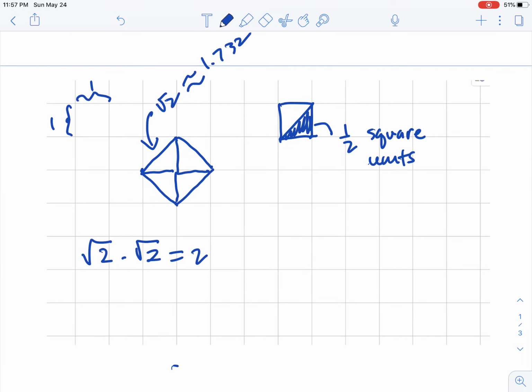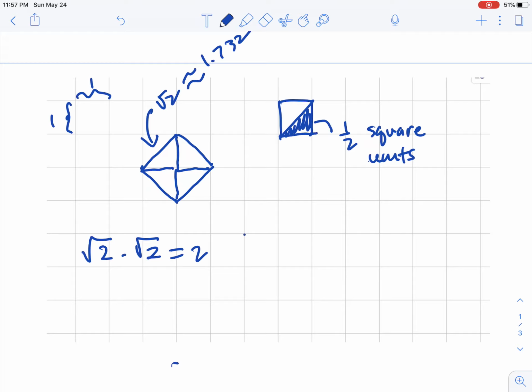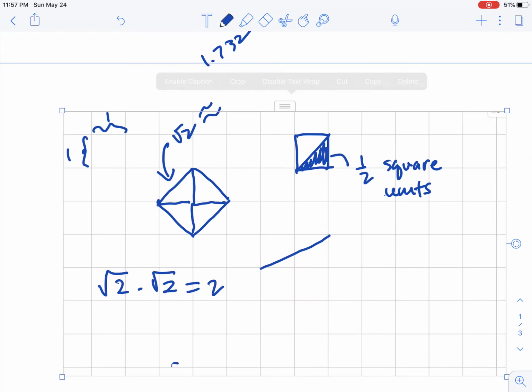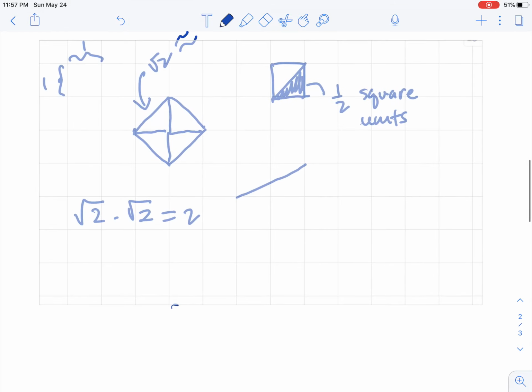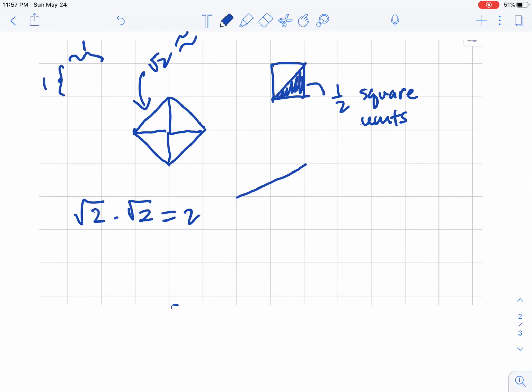Now, paano natin i-represent yung square root of 5? No? Yung square root of 5 can be represented as the diagonal of a 1 by 2 rectangle.